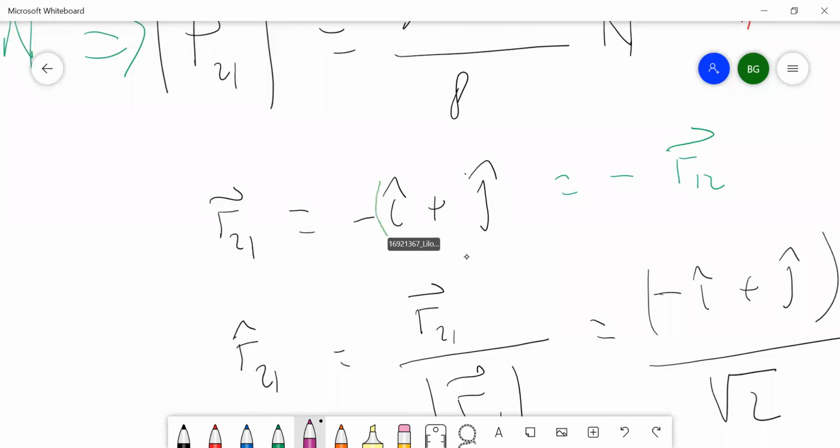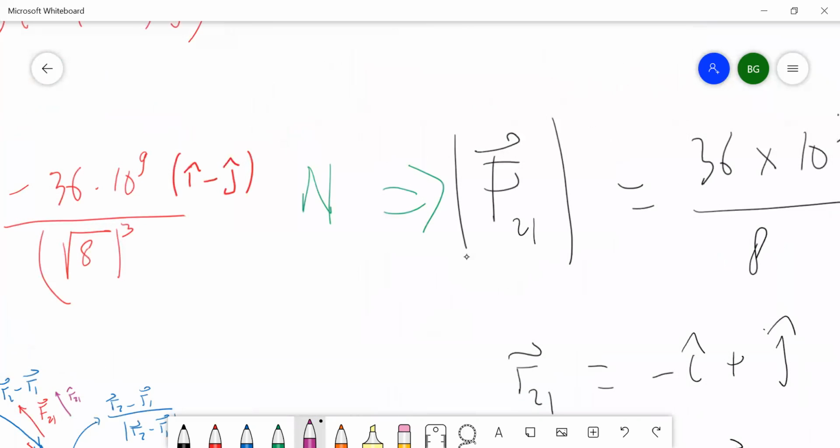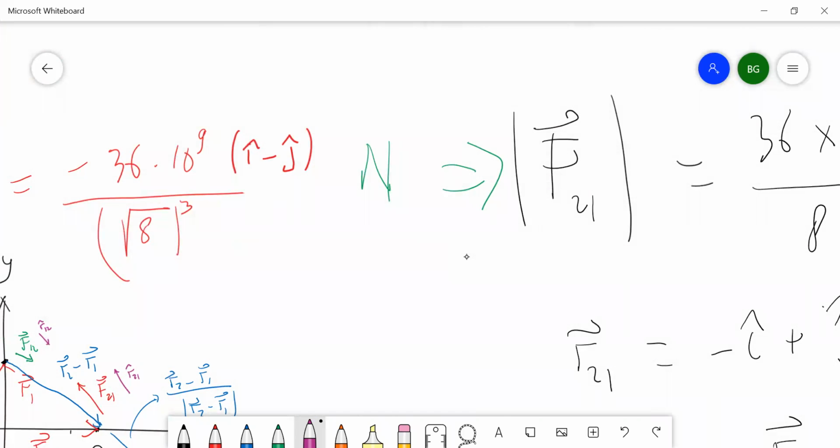No parentheses like this. No, it's not, because we have a minus here. So we put this minus inside, so minus i hat plus j hat. Oh, okay, sir. Thank you.